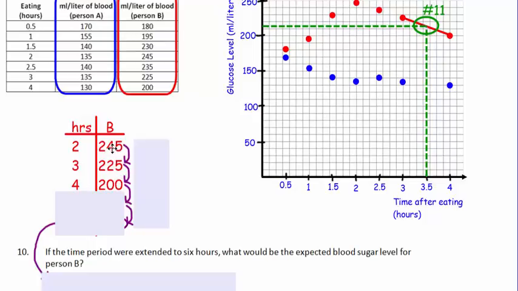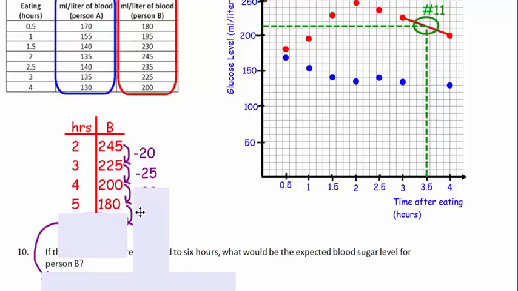So between 2 to 3 hours, we've decreased by 20. And then from 3 to 4, we decrease by 25. I'm just subtracting. 245 minus 225 is 20. 225 minus 200 is 25. So then chances are, as we increase our hours, we're going to decrease by either 20 or 25. 20 is a nice easy number to work with, so I just subtracted 20 each time.